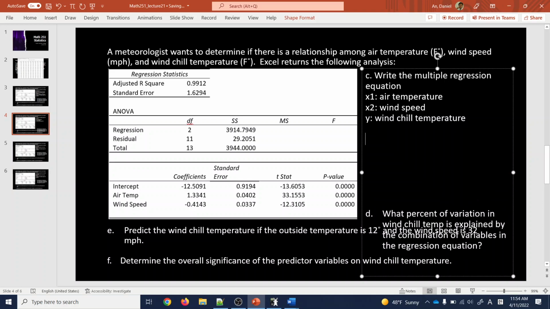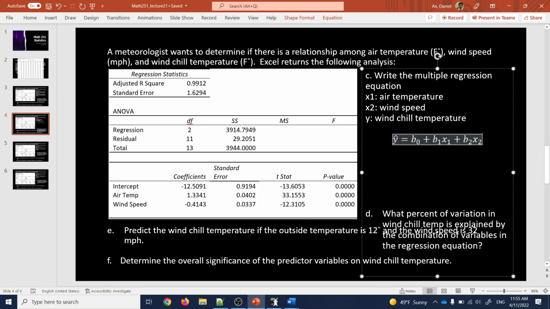And now you have the formula: the predicted value of y equals, the general form is b0 plus b1 x1 plus b2 x2. And I stop here because there are only 2 predictor variables. If there were more, then you would have b3 x3 and so on and so on.